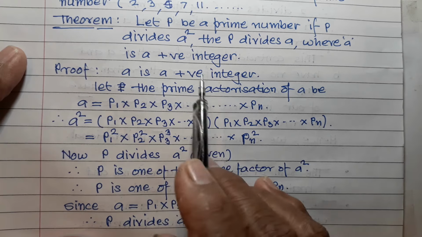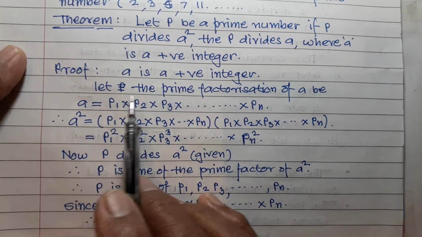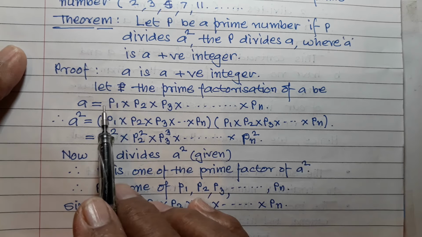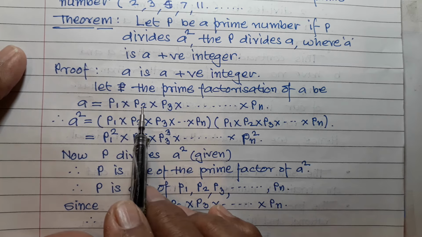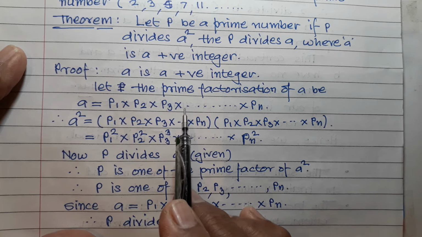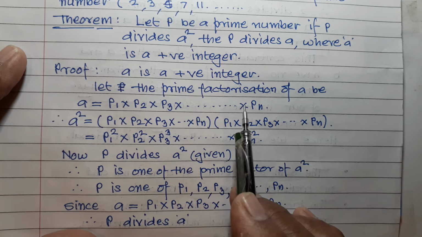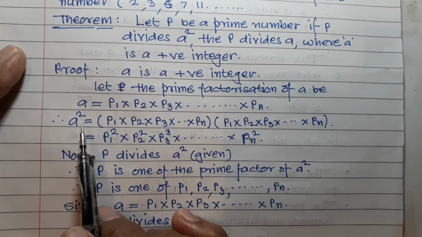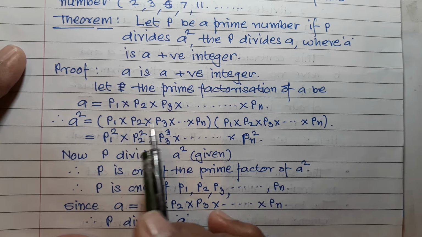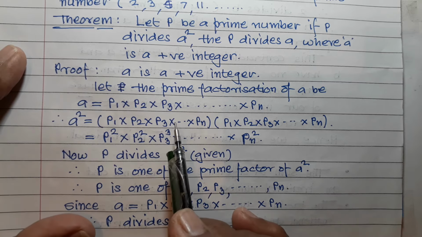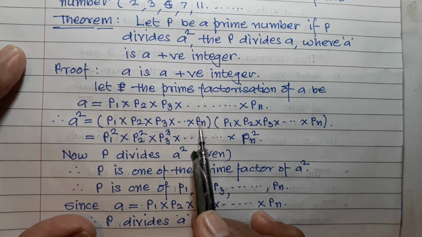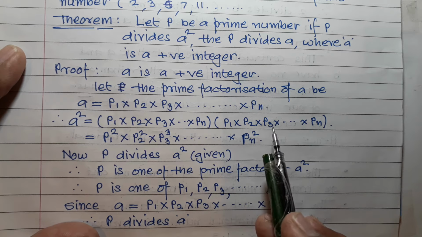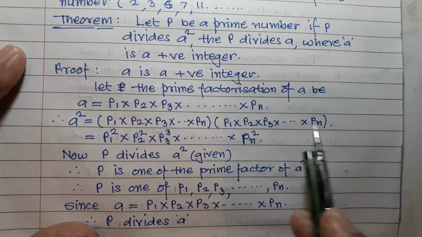a is a positive integer. Let the prime factorization of a be p1 into p2 into p3 into p4 and so on into pn. And therefore a square is equal to p1 into p2 into p3 up to pn into p1 into p2 into p3 into pn.